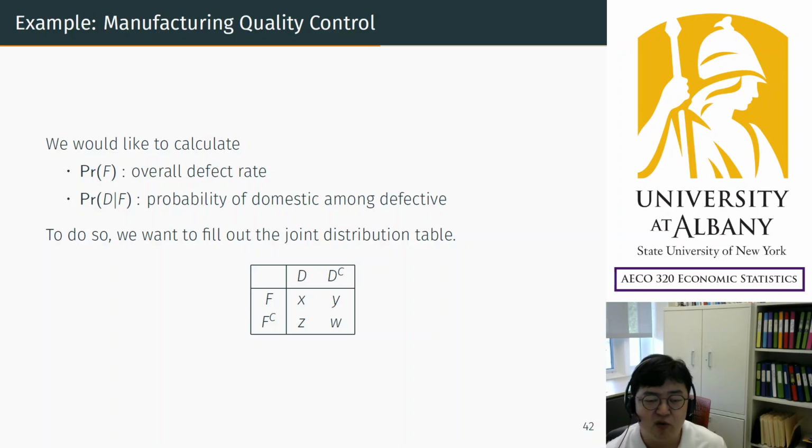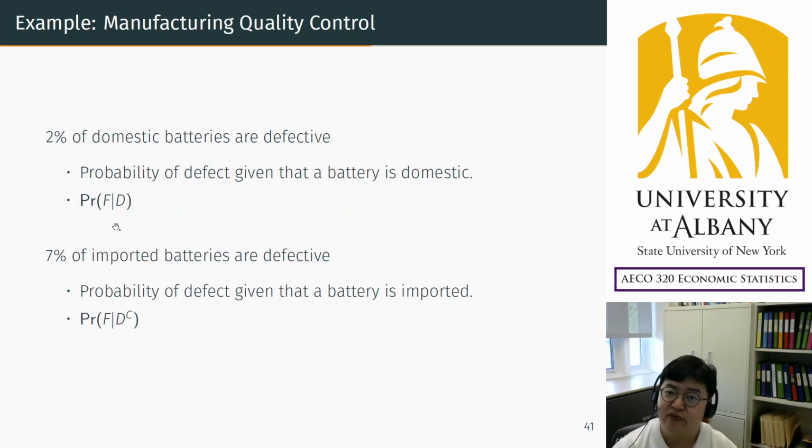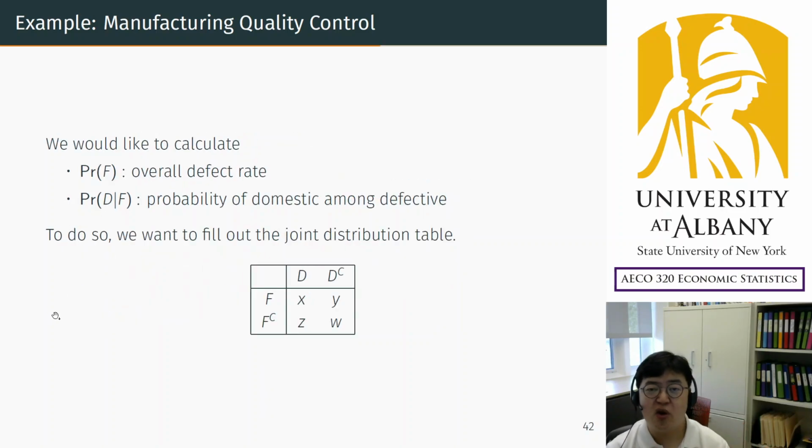And simply speaking, even though I said something very complicated, the basic idea is we would like to recover the joint probability distribution. If we recover the joint distribution table, like as we did with the unknowns X, Y, Z, W, and solve for the unknowns based on this information, then you know everything.